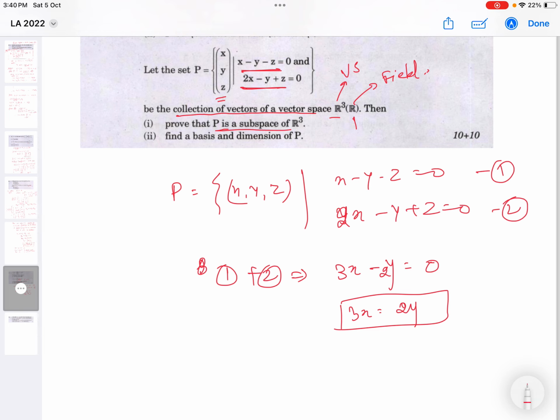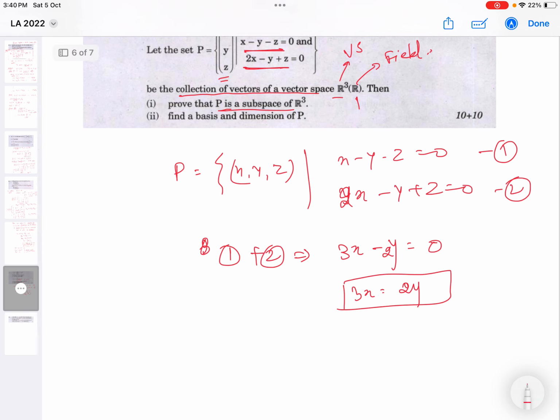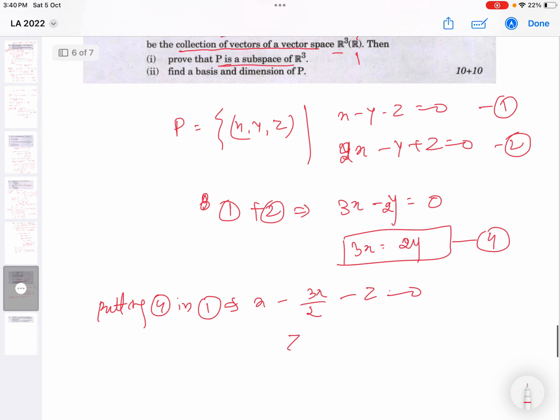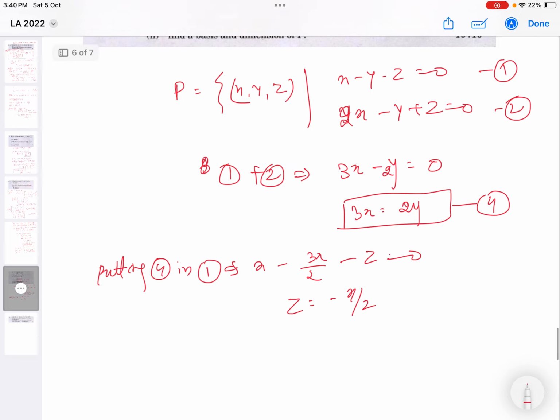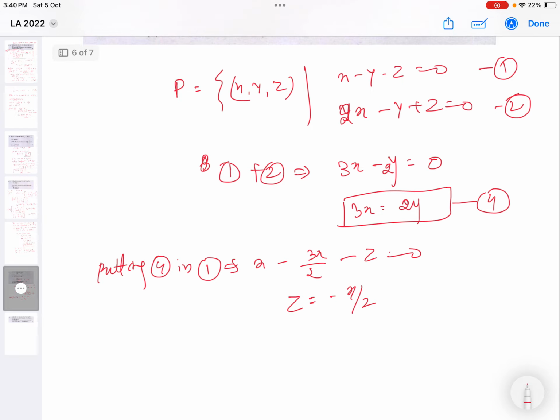So if we put it in 1, so it will become x minus y is 3x by 2 minus z. So z will become minus x by 2. I think we are right.